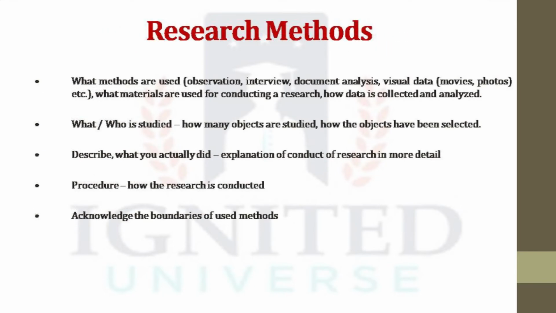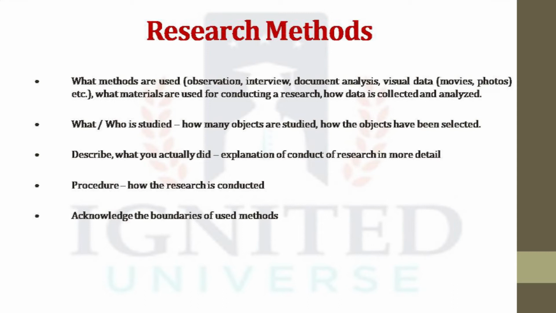Then moving on to research methods, one should be very careful while stating the research methods. Whatever methods you are using, either observation method or interview method or document analysis or visual data, movies, photos, audios, etc., what materials you are using for conducting the research, how data is collected and analyzed, all this should be stated under research methods.